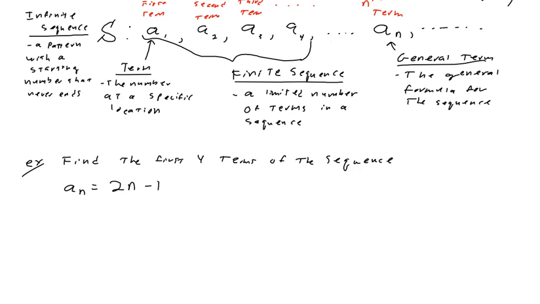And I'm going to give you an equation, a general formula. A sub n is 2n minus 1. Here's my general formula. Here's a sequence. This is describing a pattern. This is a description of a pattern telling us a location, telling us a number, right?